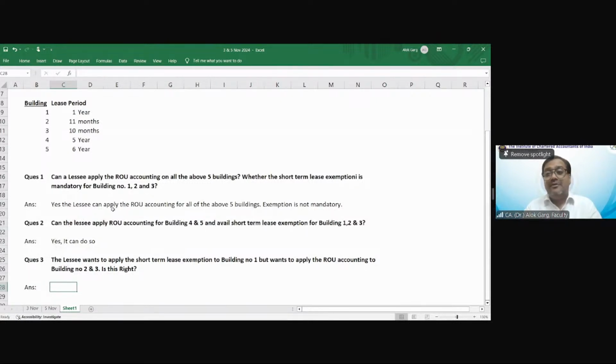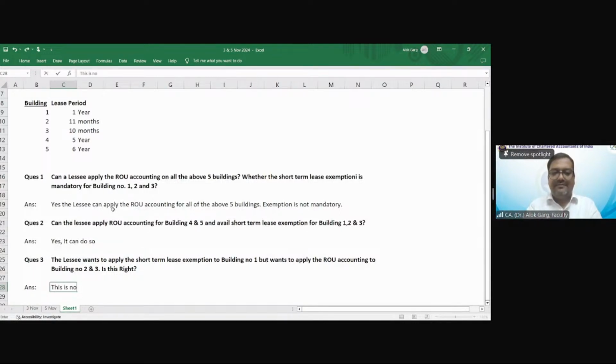Whatever lease contracts there are for a particular class of asset, if the short-term lease exemption can be applied, it has to be applied to those entire lease contracts, not as a cherry-pick choice. Cherry picking is not allowed. Correct?